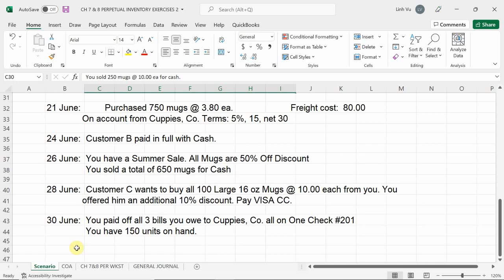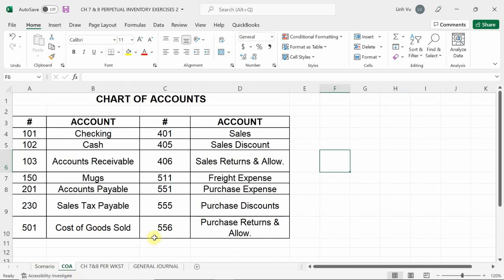So how do I record a Visa credit card payment? Accounts receivable? Not accounts receivable. That's when they owe me money. But if they use a credit card to pay, do they owe me any money?